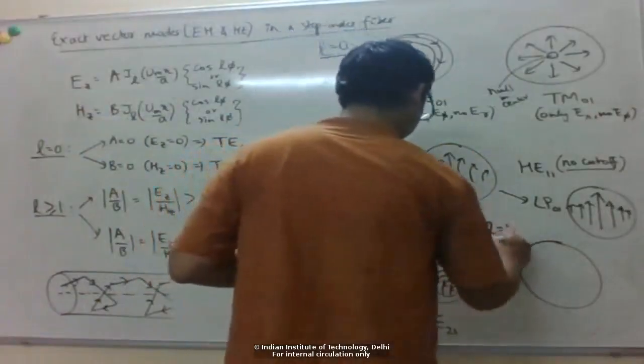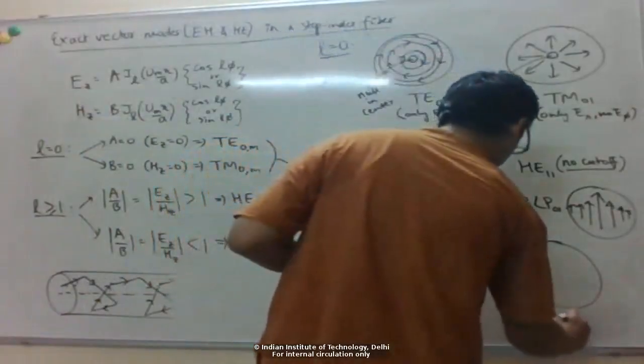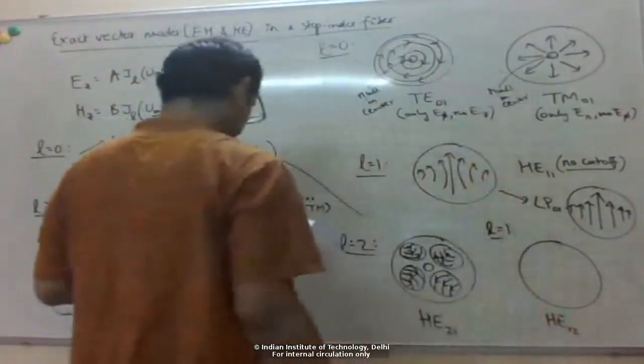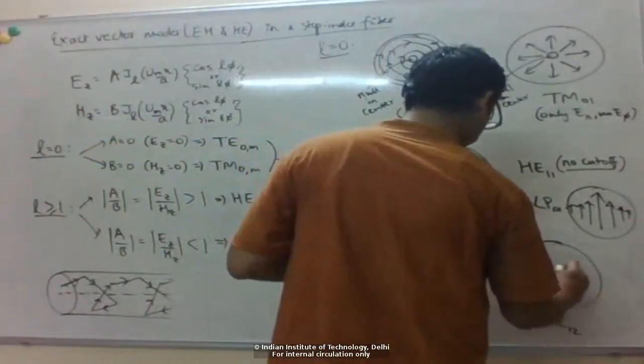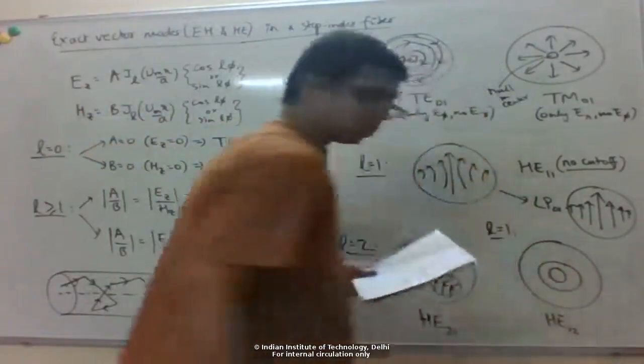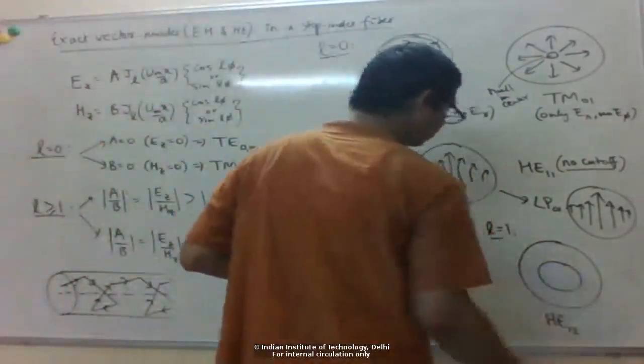Sorry, we're going back to L equal to 1 here. So if you look at HE12, now M is 2. That means that there will be a 0 along the radial direction.